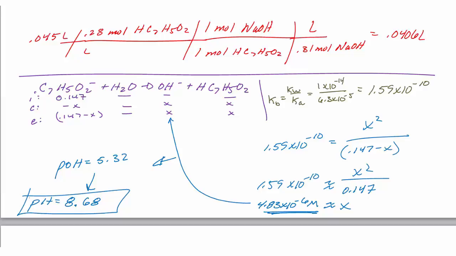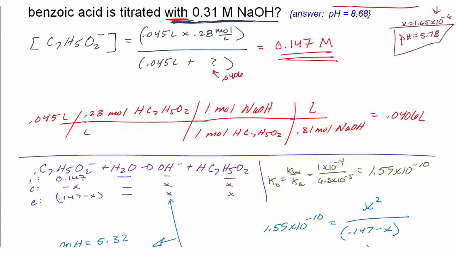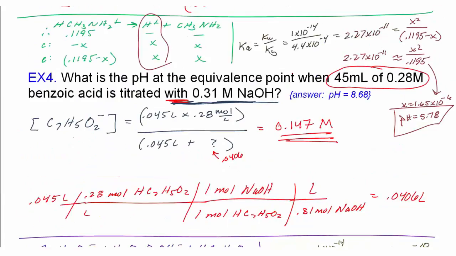So to get the pH at the equivalence point for these titrations, first thing you do is determine what that conjugate is, what formed at the equivalence point, and get its initial concentration. And it's always the moles that you started with of that weak acid or weak base divided by the total volume.